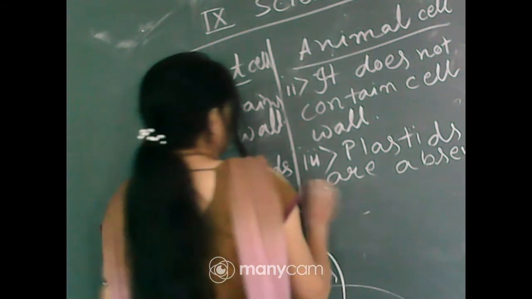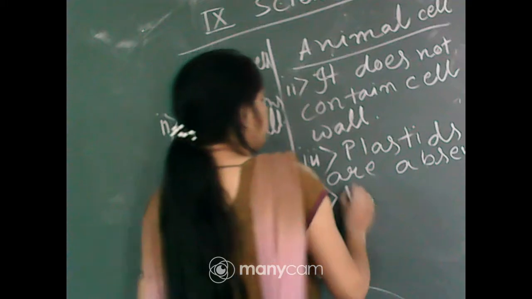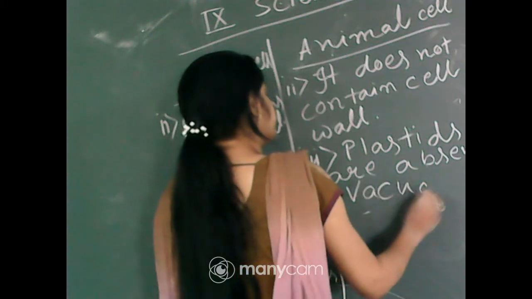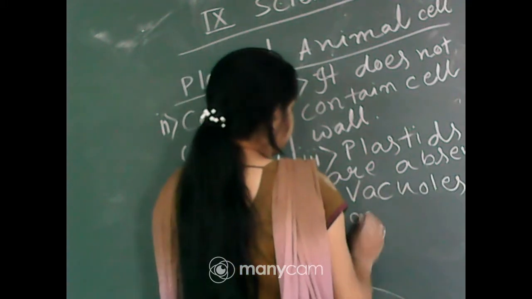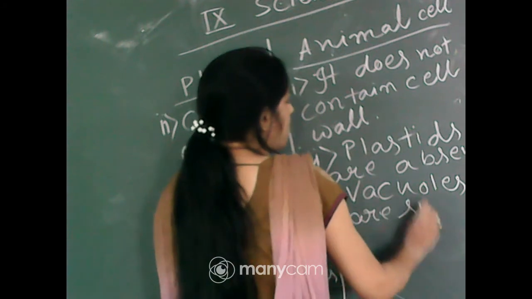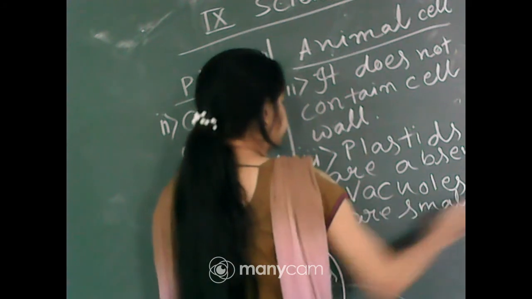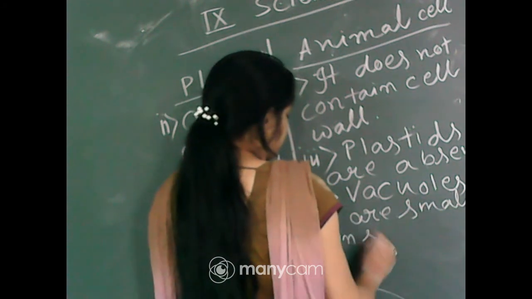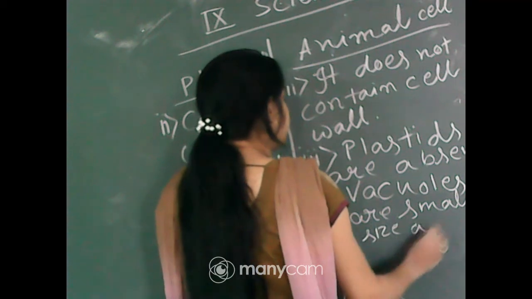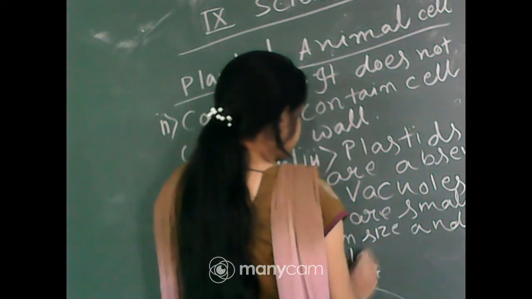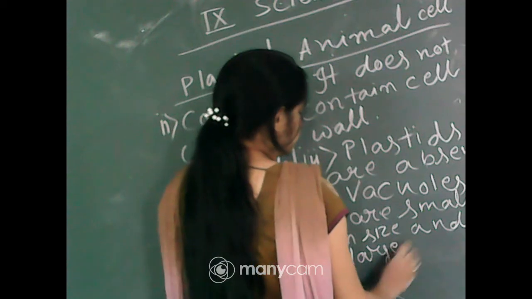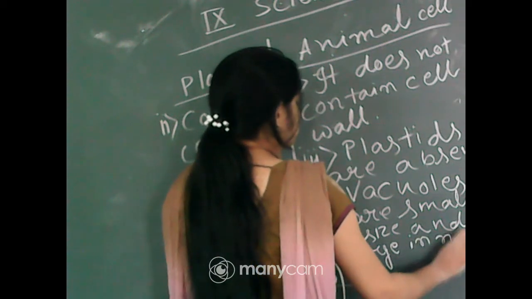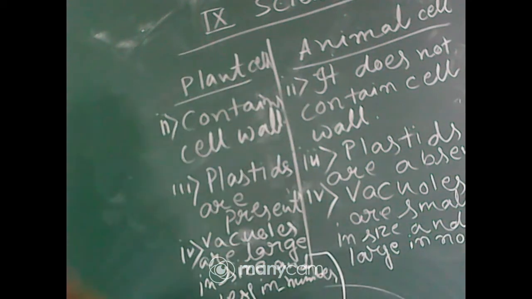But in the case of the animals, vacuoles are small in size and large in number. Okay. So this is the structure of the plant cell and animal cell.